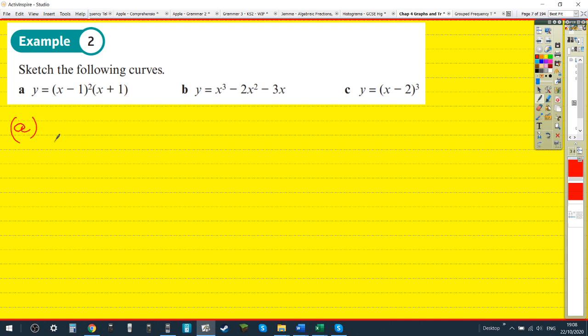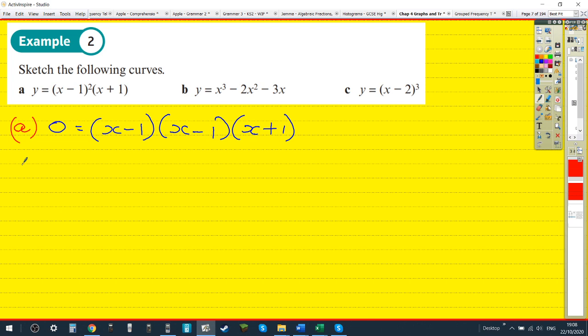Would the first bracket be written out as 0 equals x minus 1 and then x minus 1 again? Yep. Would you multiply the brackets together? Still don't need to. So it'd be 0 equals x minus 1 and 0 equals x minus 1.